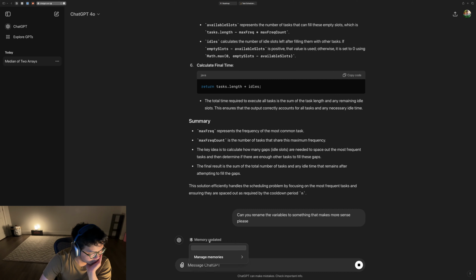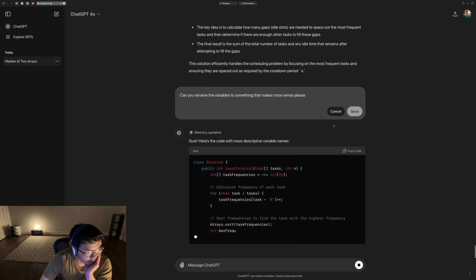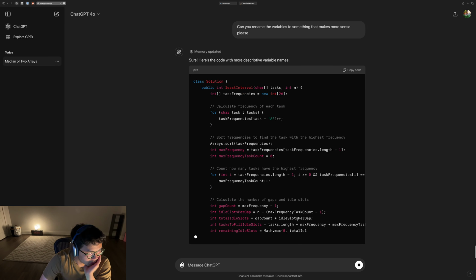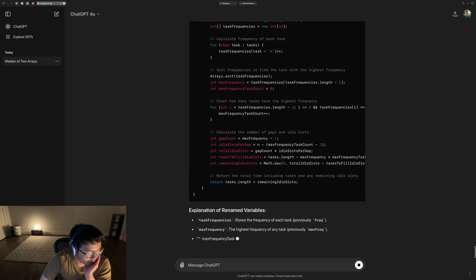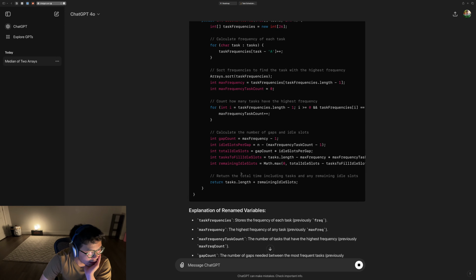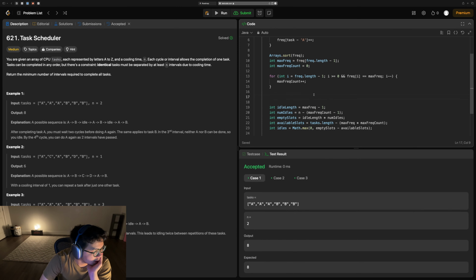Okay. Cancel. Gap count, total slots per gap. So max frequency minus 1. Okay. Maybe I did have it right.